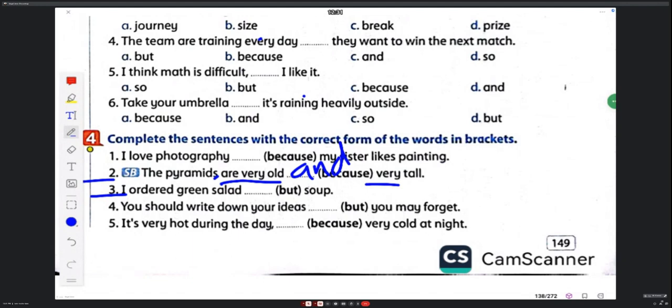And you should write down your ideas because you may forget them. It's very hot during the day, but very cold. Contrasting to the second sentence.